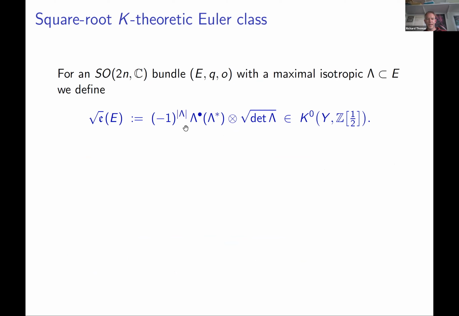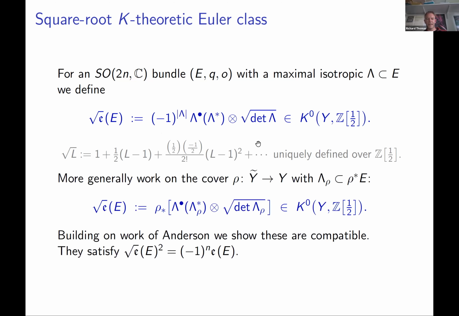So what you do is you take the Koszul complex, essentially, of the maximal isotropic, and then to make things symmetric, if I replace lambda by lambda dual, we tensor by this square root of the determinant of lambda. And that, up to this usual sign, is some K-theory class. And again, we have to invert 2 to define this square root.